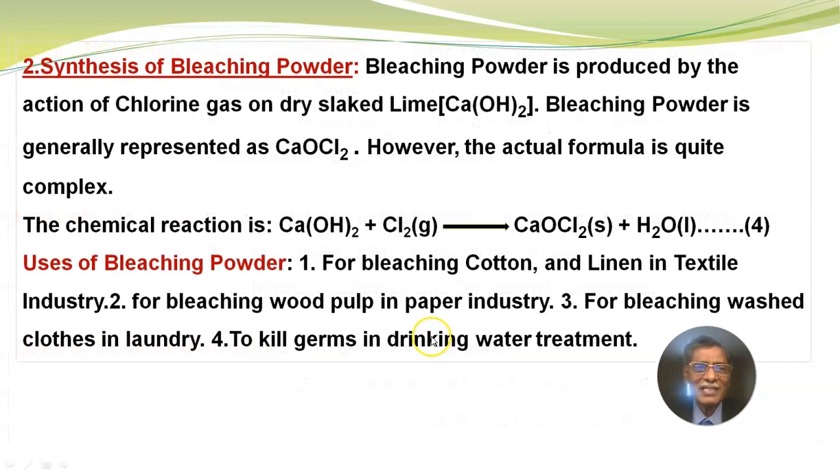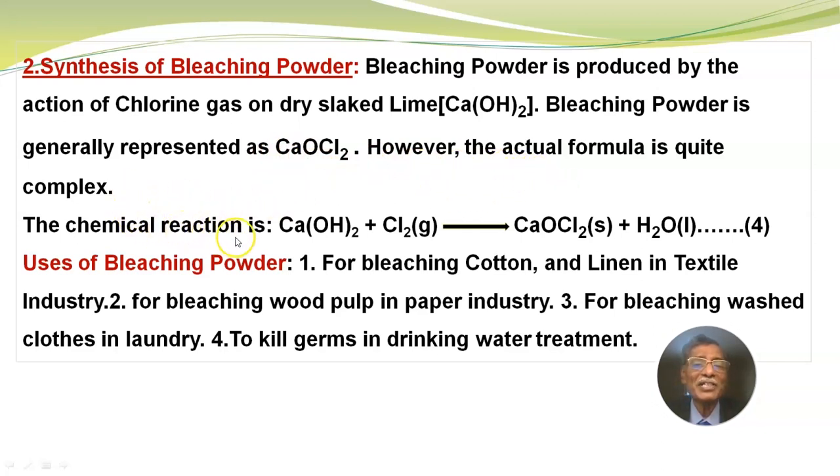Now, let us discuss synthesis of bleaching powder, another chemical. Bleaching powder is produced by the action of chlorine gas on dry slaked lime, Ca(OH)2. Bleaching powder is generally represented as CaOCl2. However, the actual formula is quite complex.